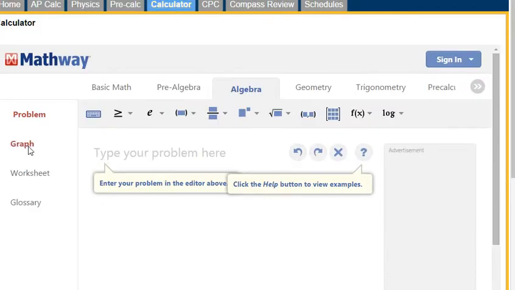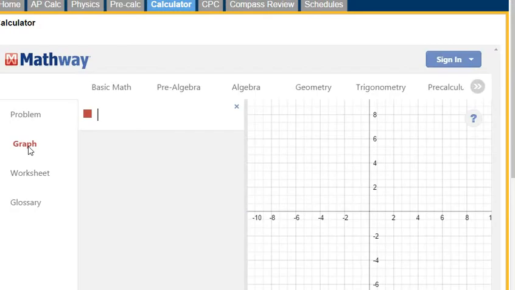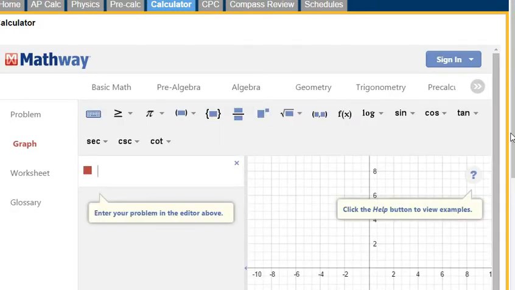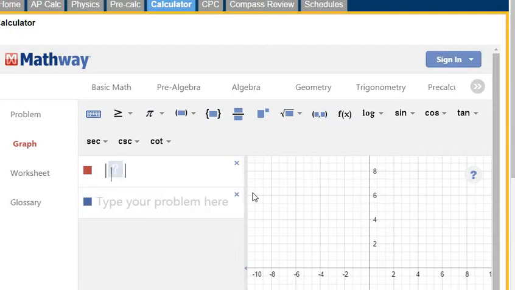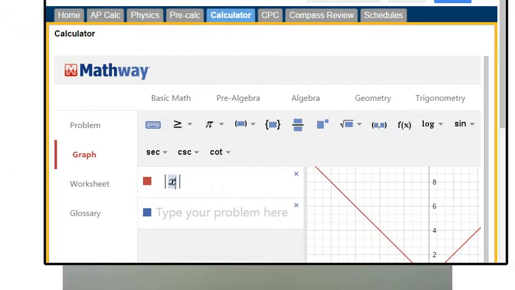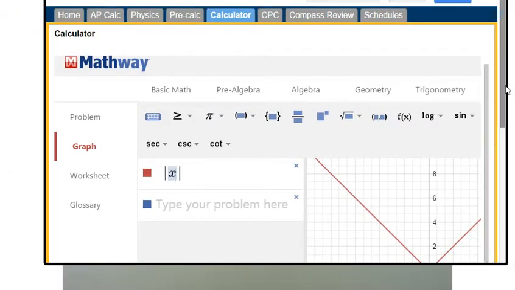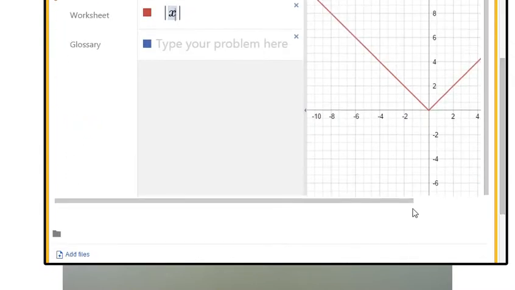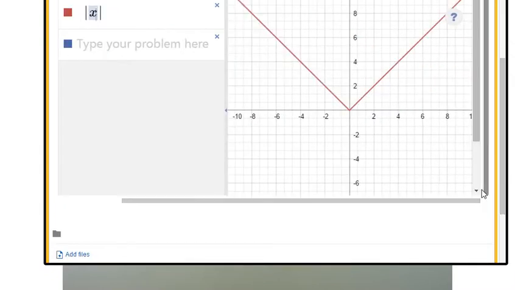So I'd like to graph the absolute value of x. Let me fit this on the screen a little better. So that red line is the parent function, the absolute value of x.